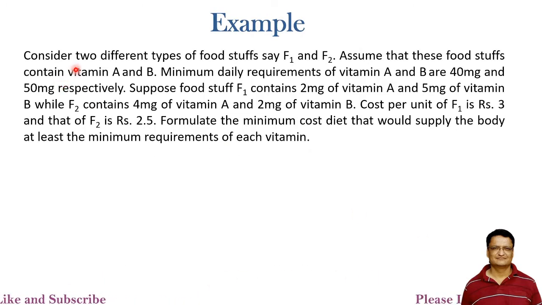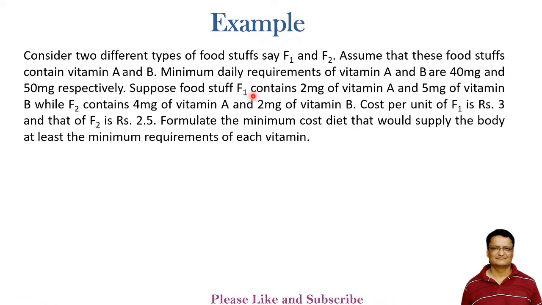Now consider that there are two different types of foodstuffs, say F1 and F2. Assume that these foodstuffs contain vitamin A and vitamin B. Minimum daily requirement of vitamin A and B are 40 mg and 50 mg respectively.